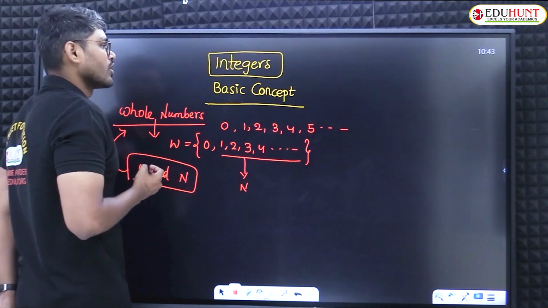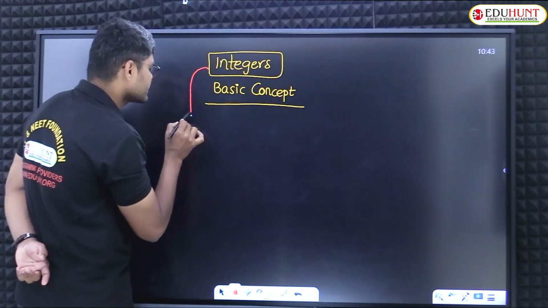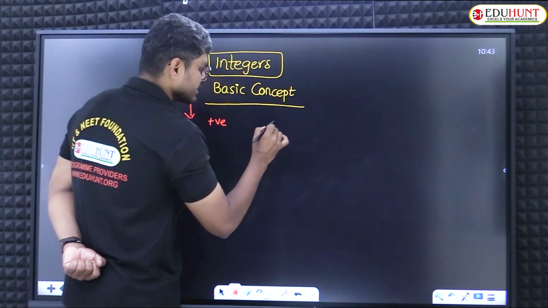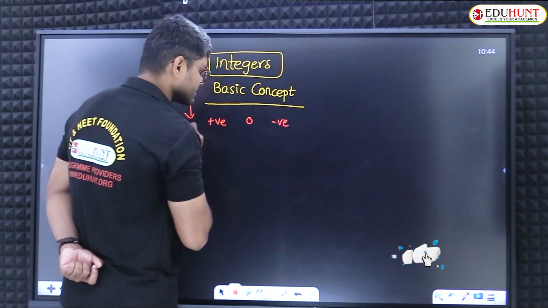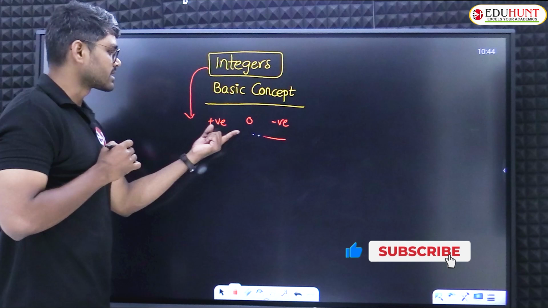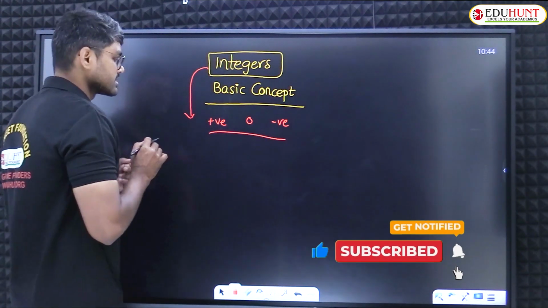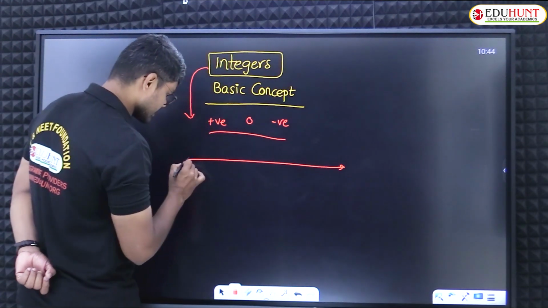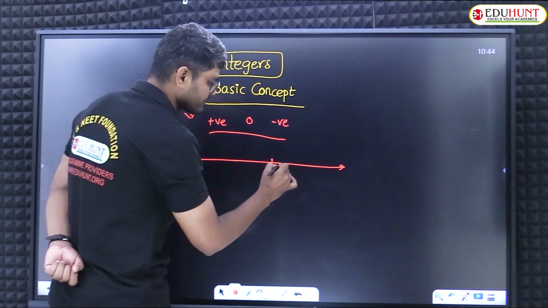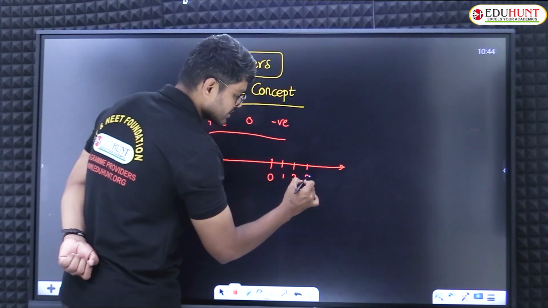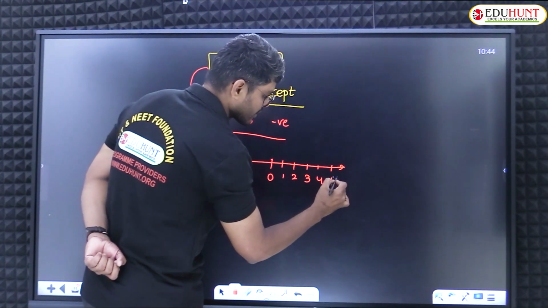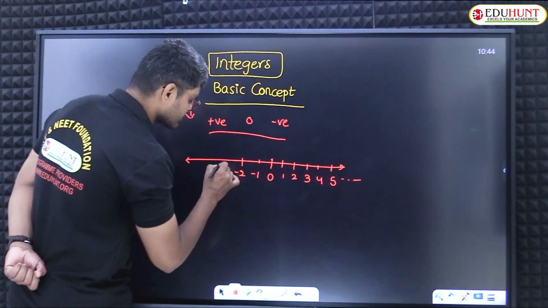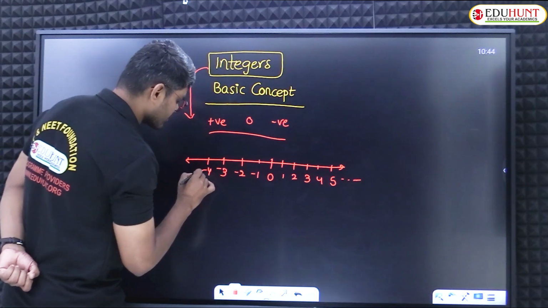Okay, now let's talk about integers. Integers are nothing but positive numbers, negative numbers and 0. All these numbers are included in integers. If I take a number line like this, this is 0, 1, 2, 3, 4, 5 and so on, and this is minus 1, minus 2, minus 3, minus 4 and so on.